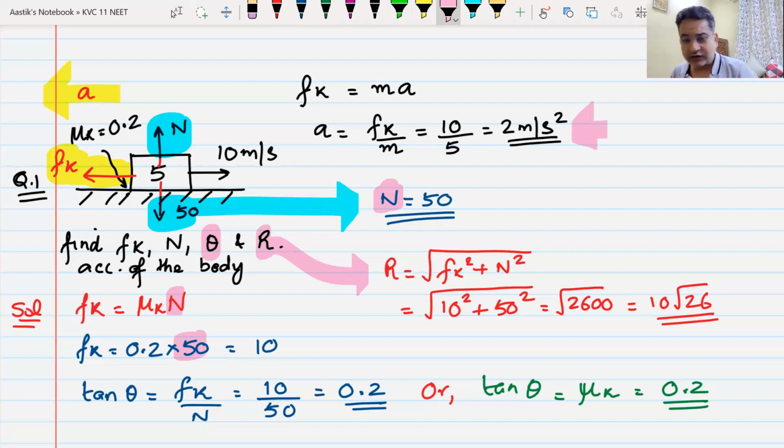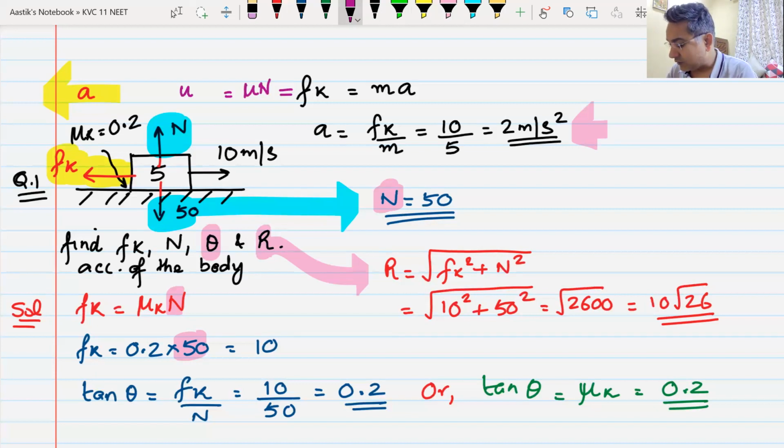There is one more shortcut way of finding out this acceleration. We know Fk is equal to mu into N, and we also know that N is equal to mg.